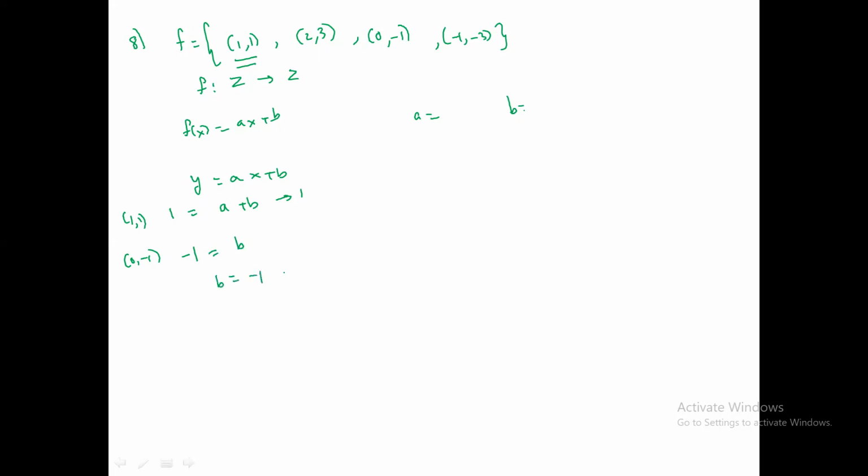You can use b equal to minus 1 in this equation. So 1 equals a minus 1, a equals 2. So in this way we got a and b, which we are supposed to find.